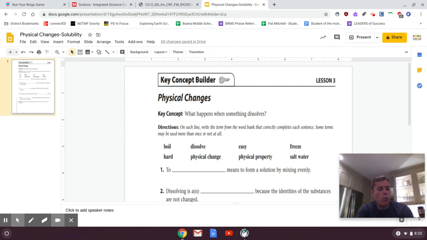If that went through a physical change, and it means I can get that salt back, what could you do to that solution now to get that salt back? Because again, it looked like it disappeared, but it really didn't. It's just dissolved inside of the water. And there's a reason for that. But I want to challenge you to think about how you can separate that mixture now and get that salt back out of the water.